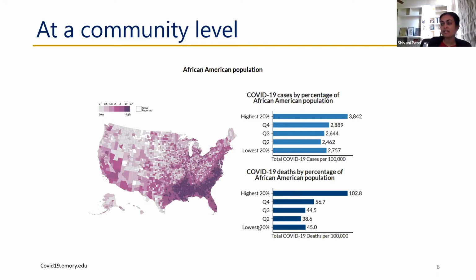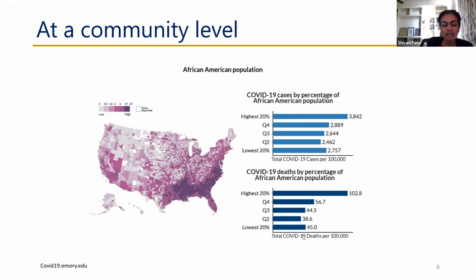But when you look at the deaths, you see that this pattern is even more pronounced, and especially in counties with the highest concentration of African Americans, you see a much, much higher, twice to over twice, the death rates that we see in the counties with the lowest proportion of African Americans.